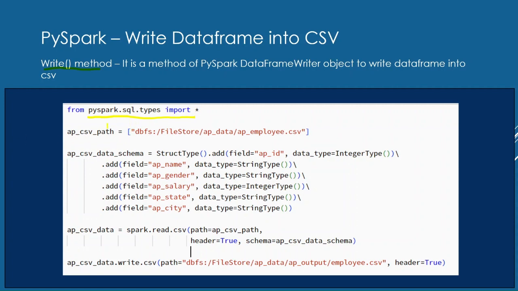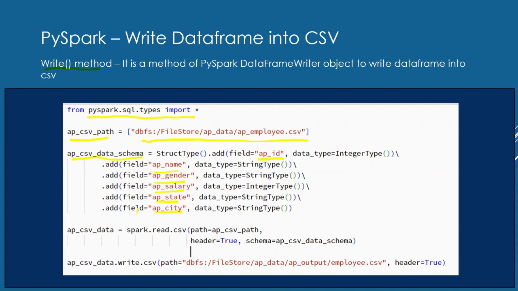Here we are creating one variable, and in this variable we are storing the name of the CSV file which we are going to read with this custom schema. This custom schema has columns like AP ID, AP name, AP gender, AP salary, AP state, and AP city.